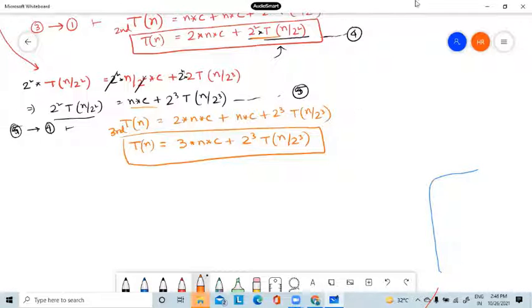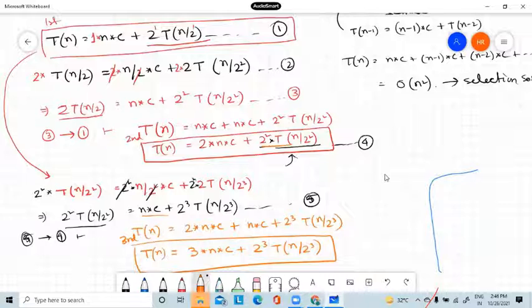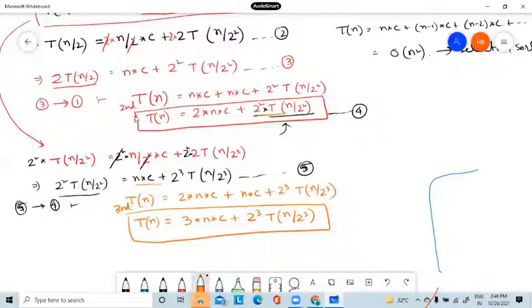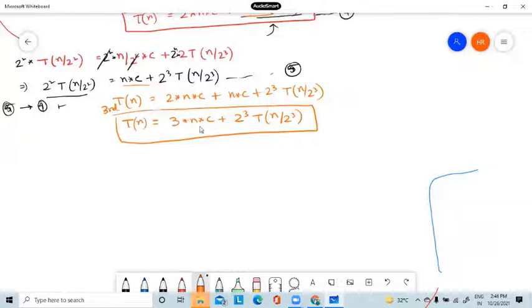So see, after first iteration, 1·nc + 2¹t(n/2¹). After second iteration or second partitioning, it becomes 2nc + 2²t(n/2²). After third partitioning, it becomes 3nc + 2³t(n/2³).